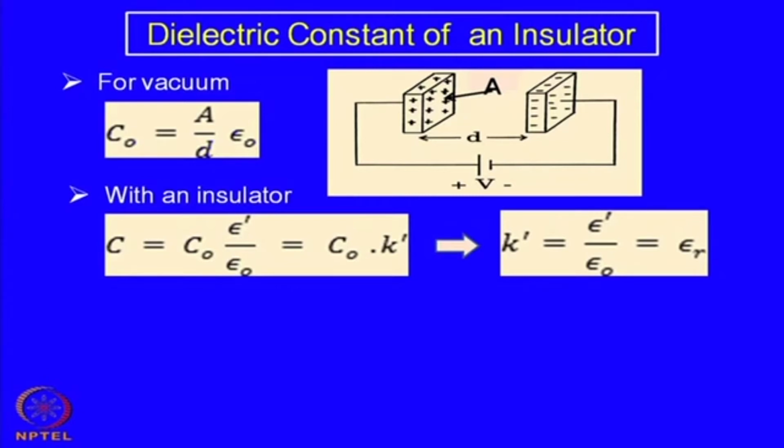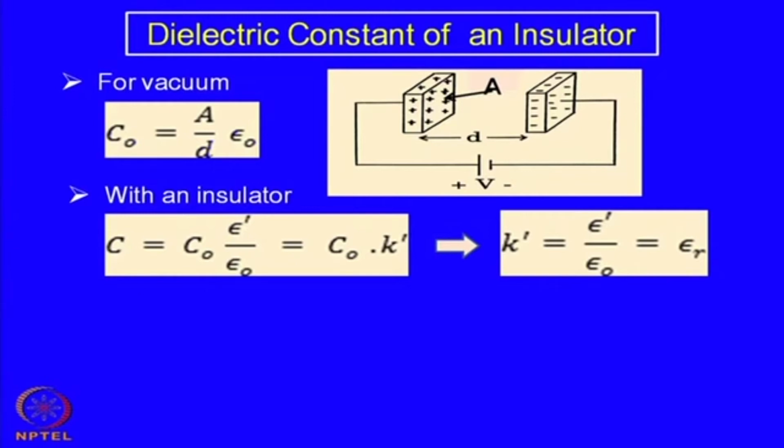This dielectric constant is a material parameter, and it does not depend on the shape and size of the material, but it depends on the structure of the material, its composition, and the particular type of chemical bonding it has. So, K is a material parameter of great importance, and that is how one can characterize a dielectric material.